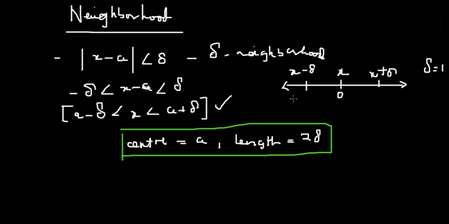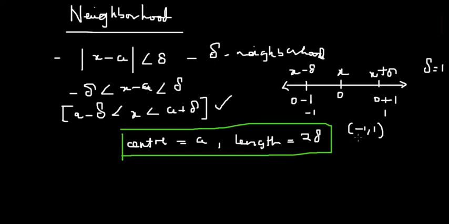So we have 0 minus 1 over here, and then 0 plus 1 over here. So we end up with negative 1, and then 1. So this will be our delta neighborhood values: minus 1, and then 1.